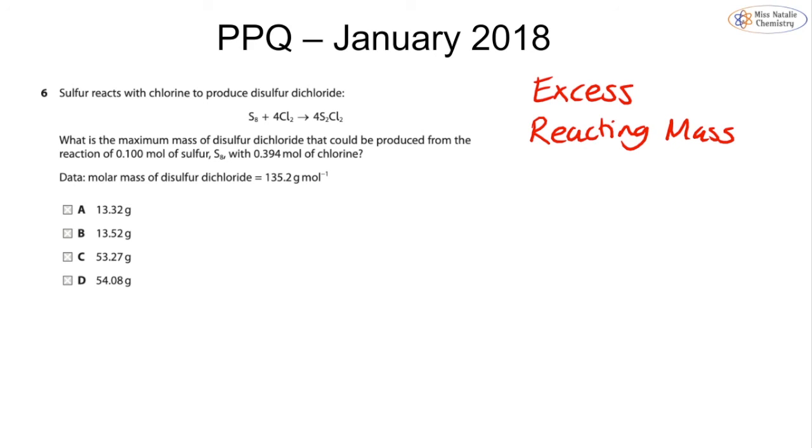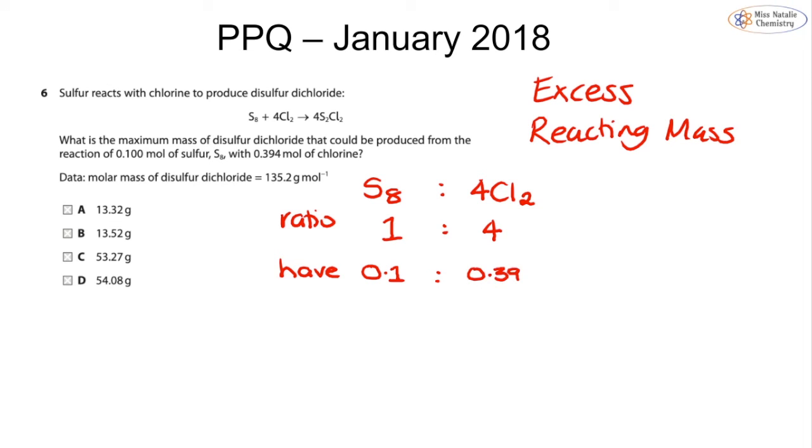So I look at my sulfur to my chlorine, and I can see that I have a 1:4 ratio. So that is my ratio of my moles. What I have is what I'm told in the question. I have 0.1 and 0.394. Now, if I wanted to react all of the sulfur, my need would be 0.1, and I would need 4 times this, so I would need 0.4.